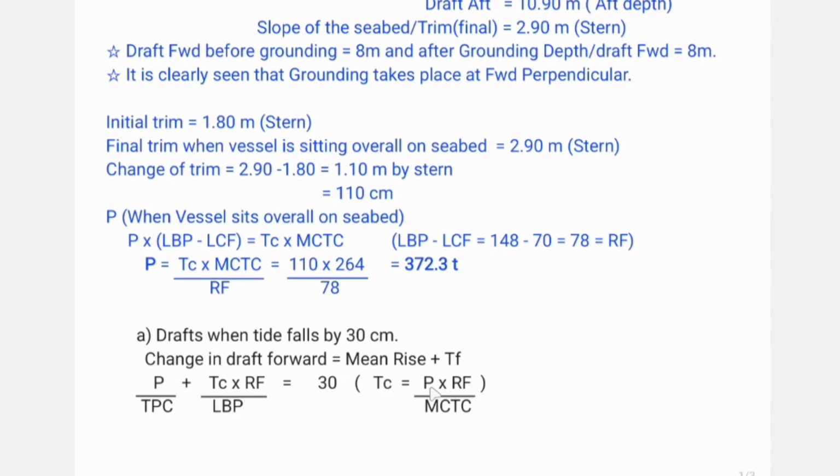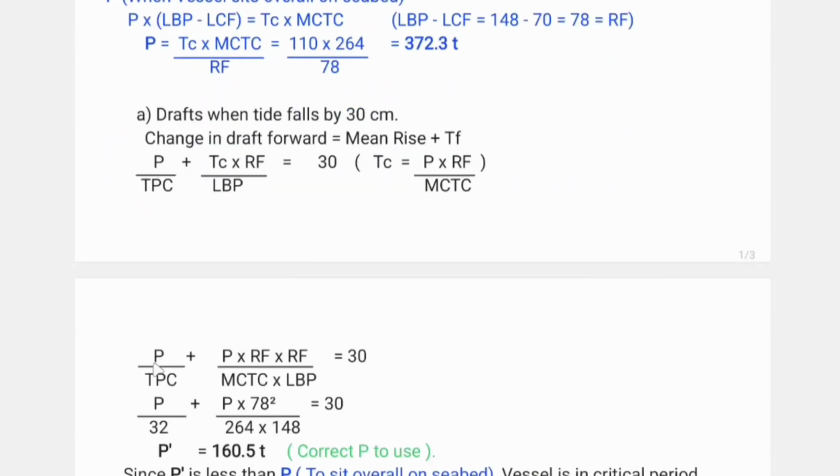We know that TC is equal to P into RF by MCTC. So P upon TPC plus TC, which is also equal to P into RF by MCTC. So P into RF by MCTC, this part is TC into RF by LBP. So this is equal to 30 centimeter.